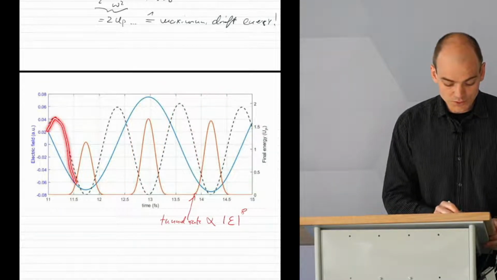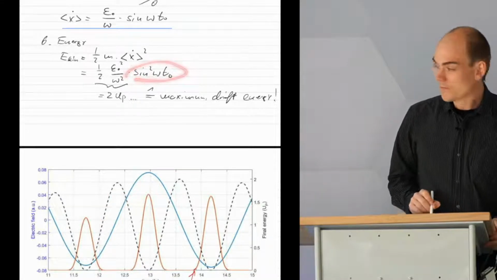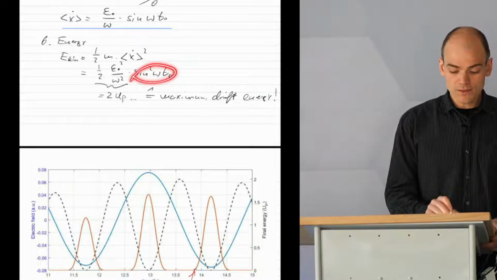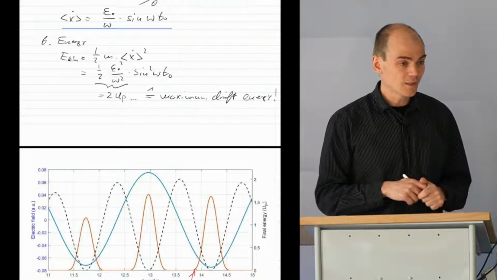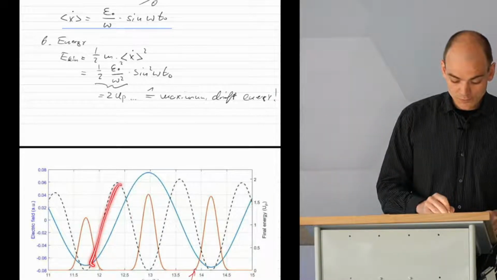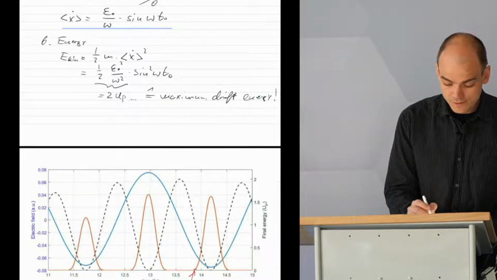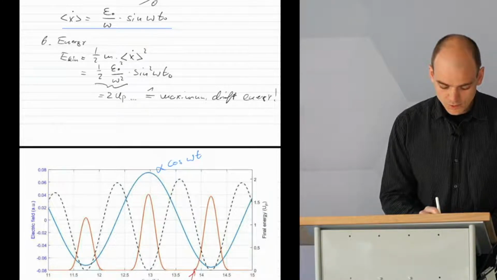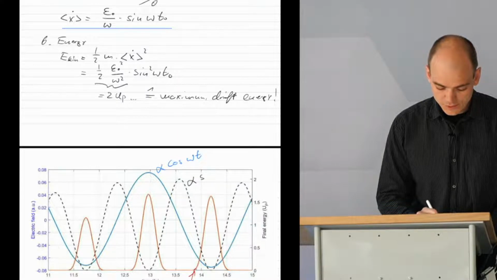And then what's plotted here is this expression here. So we have 2 maxima per cycle, because the sine squared has twice the frequency as a usual sine. So we have 2 peaks here, and this is if this is a cosine, so this is proportional to cosine omega t, and this here is proportional to sine squared omega t.